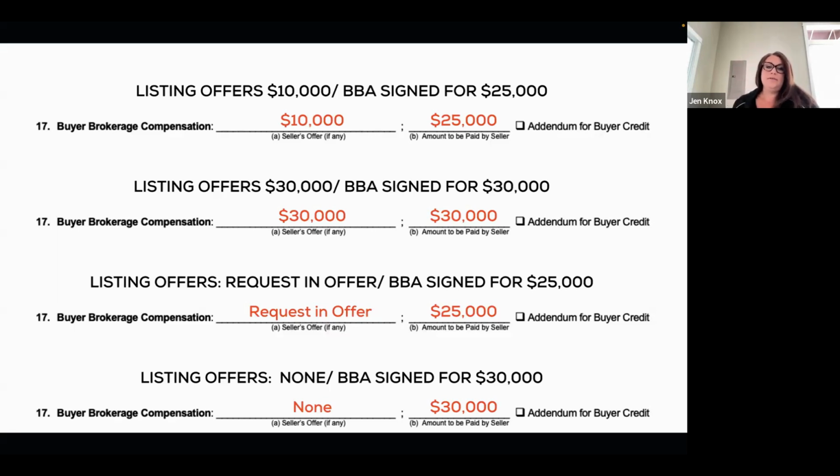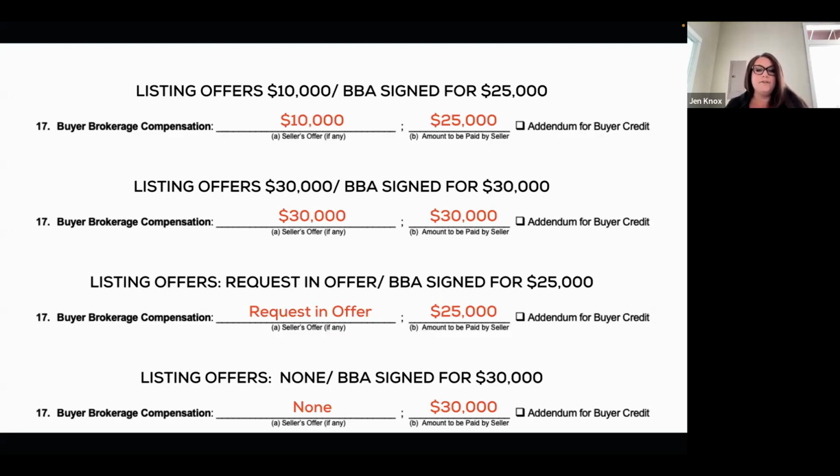Next one is, what if it says request an offer and you have a buyer agreement signed for $25,000? Well, if it's request an offer and you want $25,000, you cannot ask for more than $25,000. So in this case, request for offer was in the listing and you are asking that seller to fully fund the $25,000. Same with none.